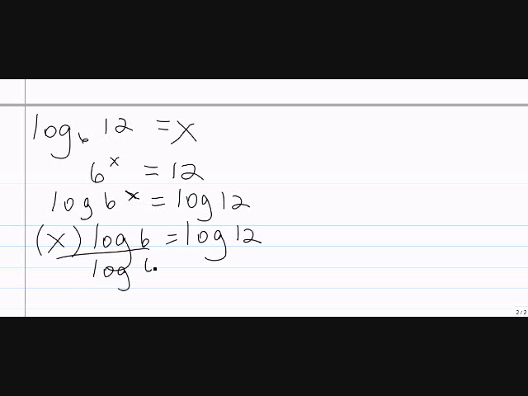Divide both sides by log base 10 of 6, and x is log base 10 of 12 divided by log base 10 of 6, or approximately, in the calculator, 1.387.